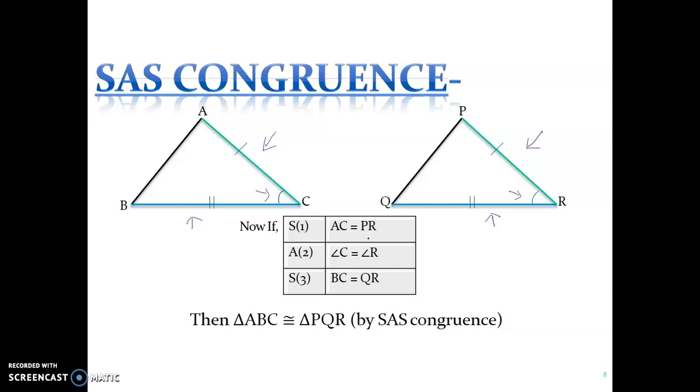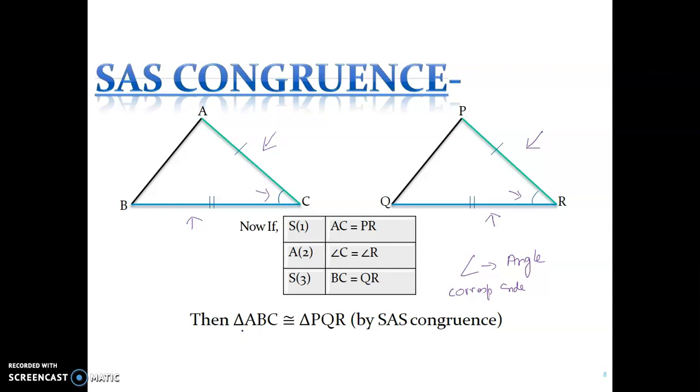So AC is equal to PR, angle C is equal to angle R, and BC is equal to QR. This notation is of angle. These are the corresponding sides and angles.